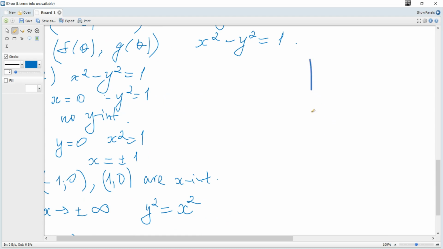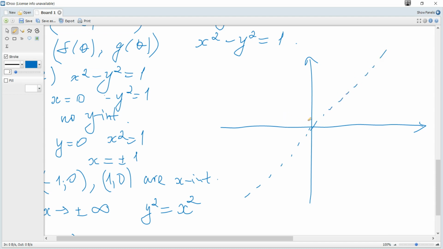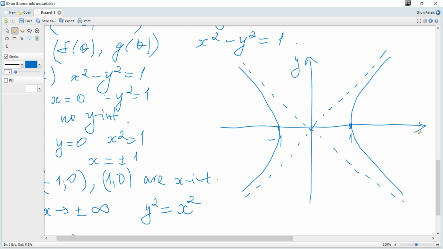And hence this graph of x squared minus y squared is 1 becomes, with the asymptotes, like this.